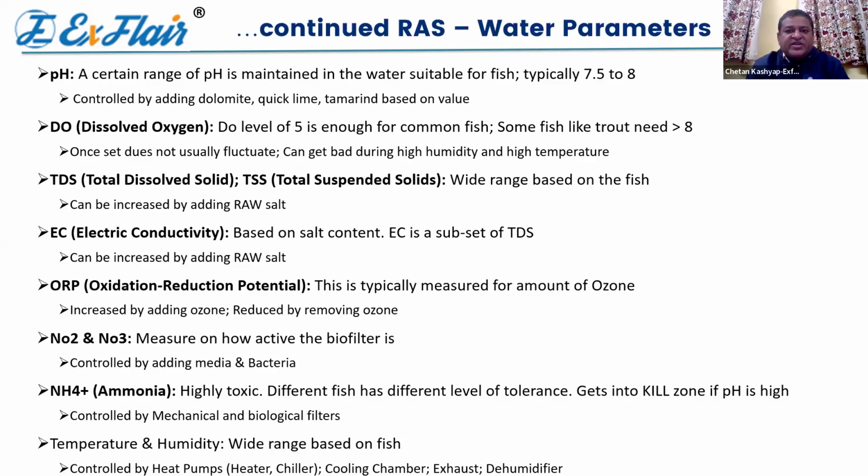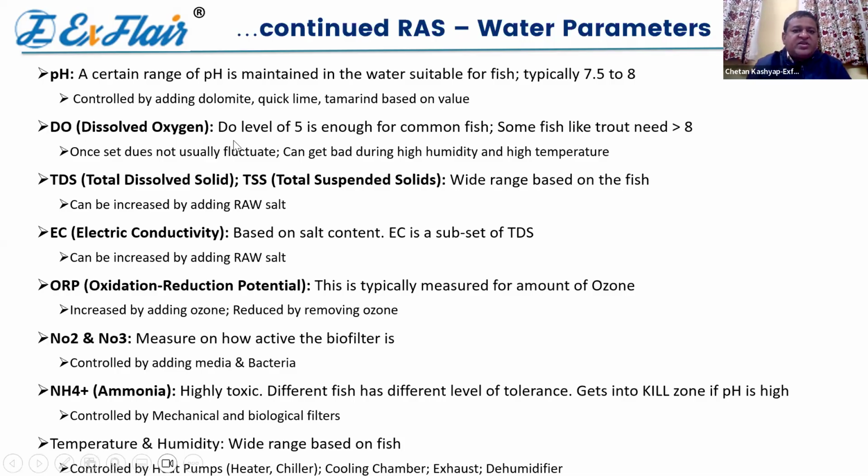In case it is still not getting controlled, then you have to use some pre-filters and look for root causes of why it is getting high. If you're not able to control the pH using this, then you have to use some pre-filters to filter out the unwanted chemicals that might be affecting the pH.